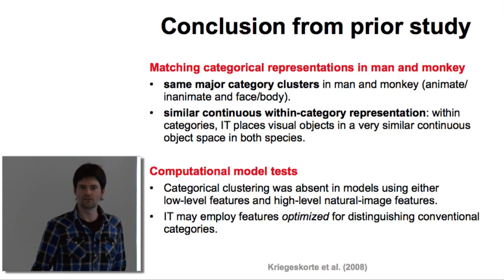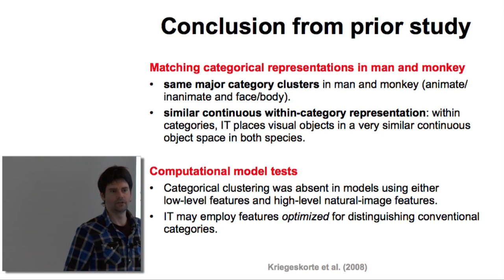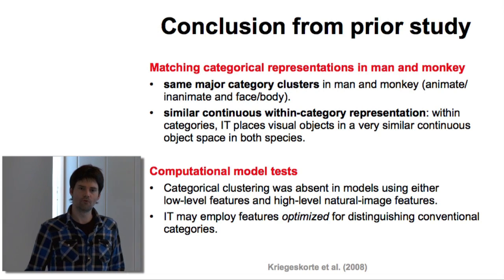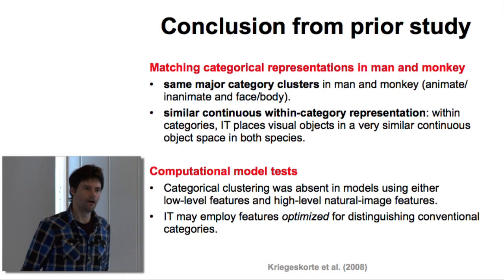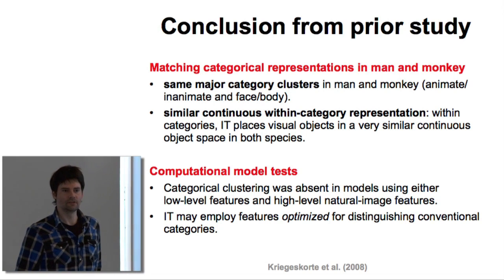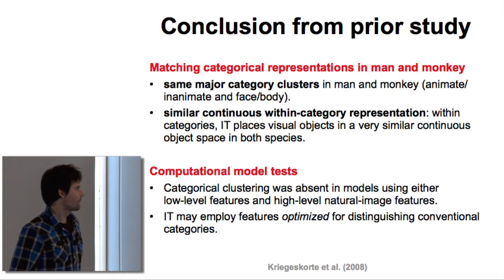That would suggest that it's not enough to do unsupervised learning and just represent natural shapes, but that the behaviorally relevant divisions, and something like animate and inanimate would seem to be behaviorally relevant to all primates equally, might inform the selection of those basis functions in IT.